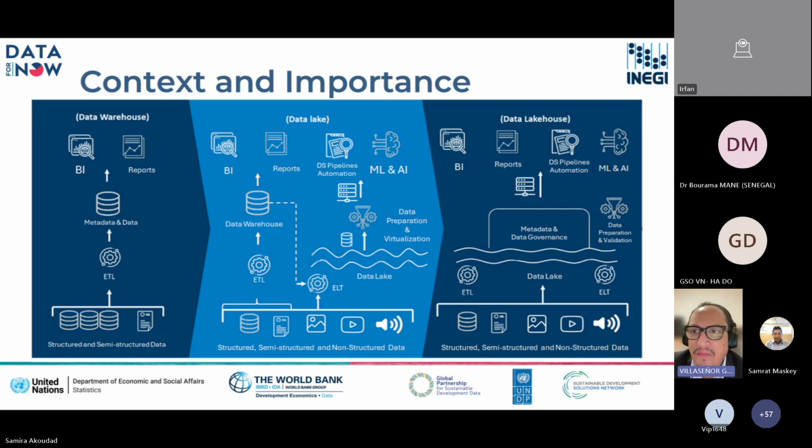To achieve this, emerging technologies such as machine learning and artificial intelligence have been explored. Thanks to the flexibility of the data lake, it is possible to integrate data views from the data warehouse, allowing these sources to be utilized in new analytical and information production pipelines that can be automated.